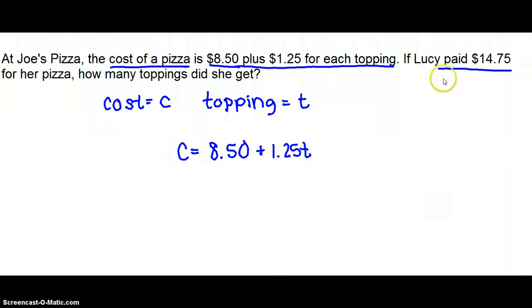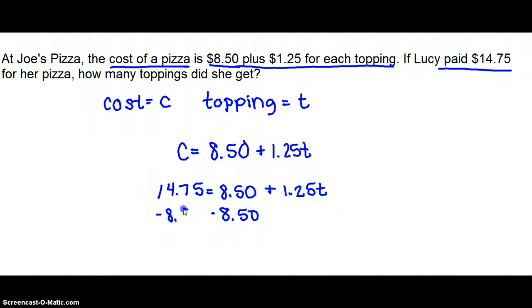But we're not done. It tells us that Lucy paid $14.75, so we have to substitute this value in for cost, because it's how much she paid in total. So we have $14.75 equals $8.50 plus $1.25t. And now we can solve for t. We begin by subtracting $8.50 from both sides. On the left, this gives us $6.25.